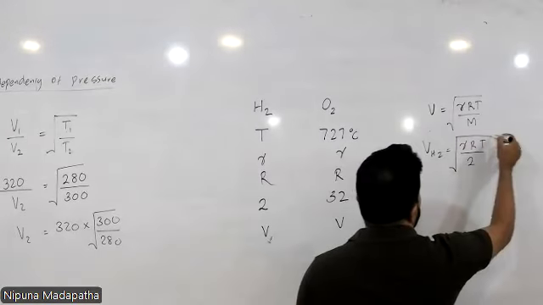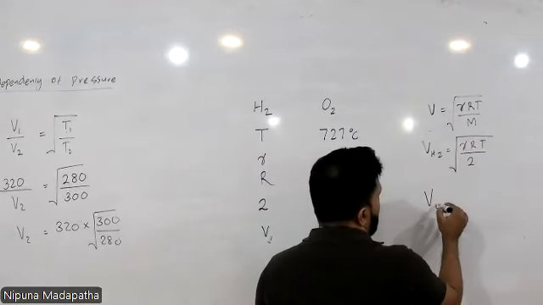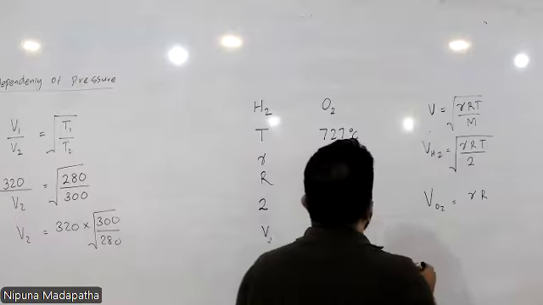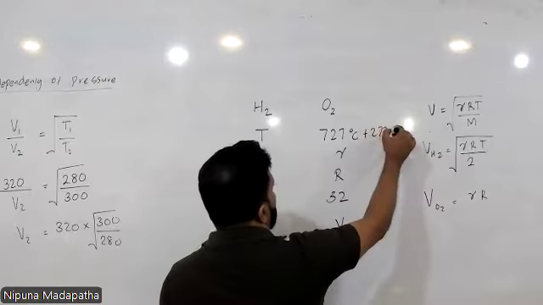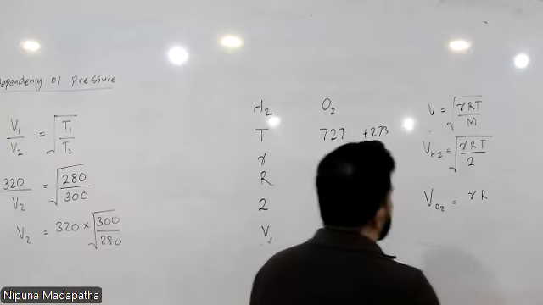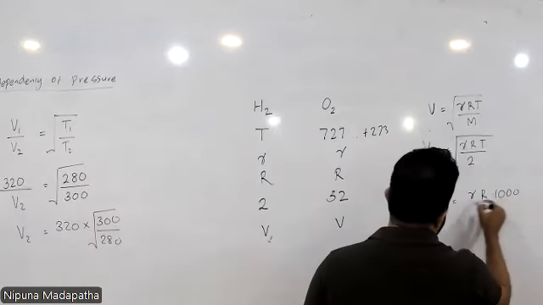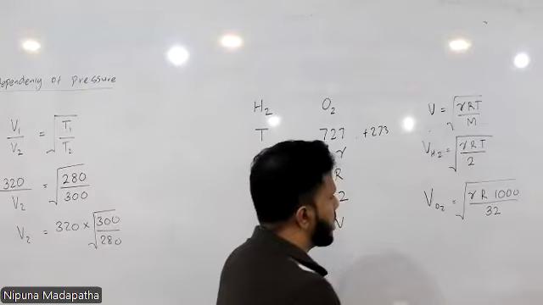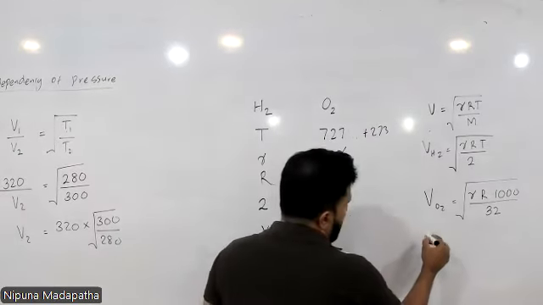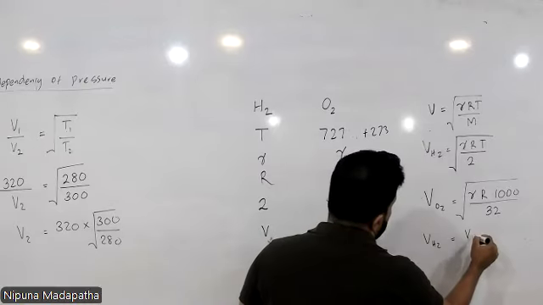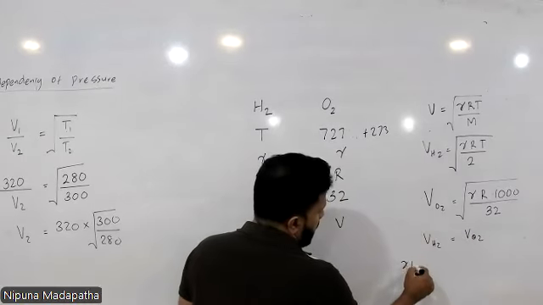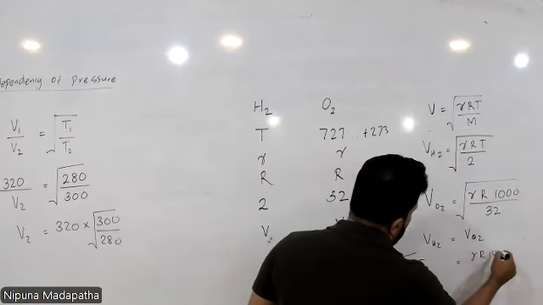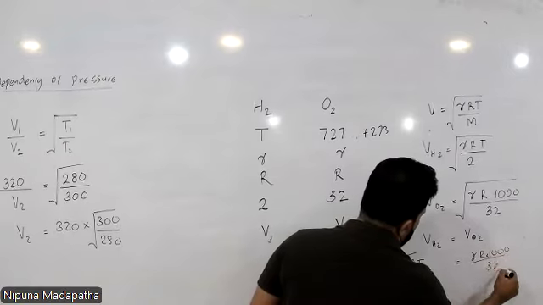So this is VH2, and for VO2, gamma is the same, R is the same, temperature is 727 plus 273 to get the Kelvin temperature, which is 1000. Molar mass of O2 is 32. Now the question says both speeds are the same, so equate the two expressions. Square root of gamma RT over 2 equals square root of gamma R 1000 over 32.